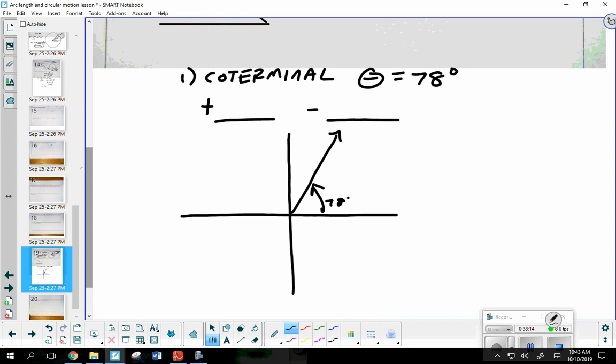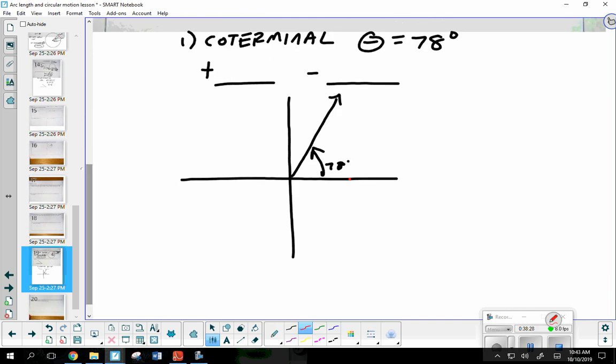So when I'm talking about one positive and one negative coterminal angle, all we're talking about is the direction we rotate full revolutions. Let's go with the positive. If I were to start here, what do we call it when we start on the positive x-axis? Standard position.